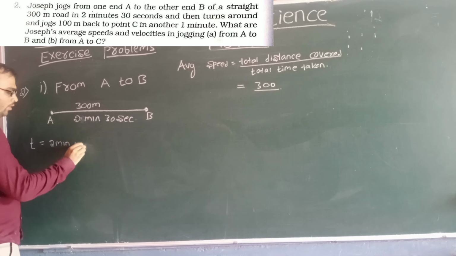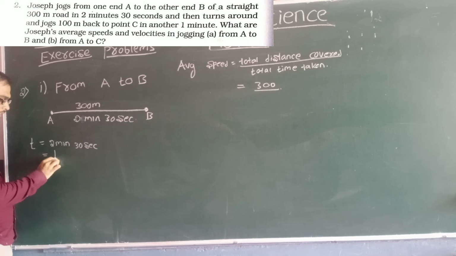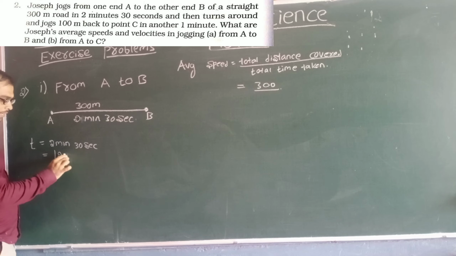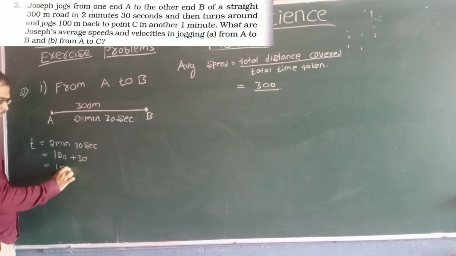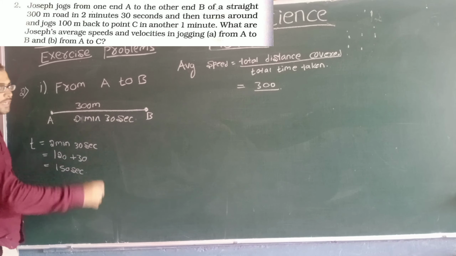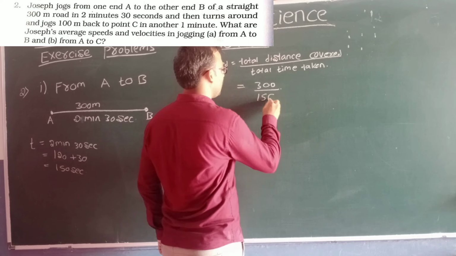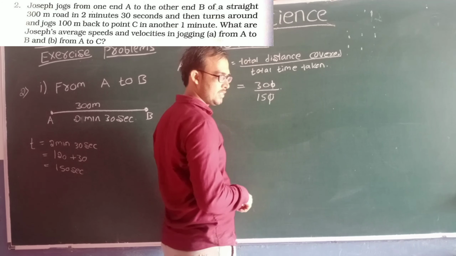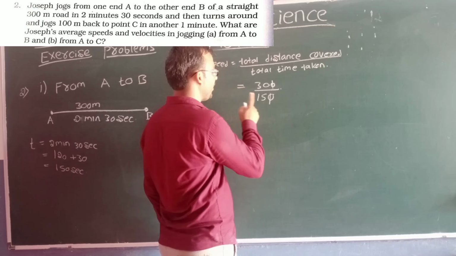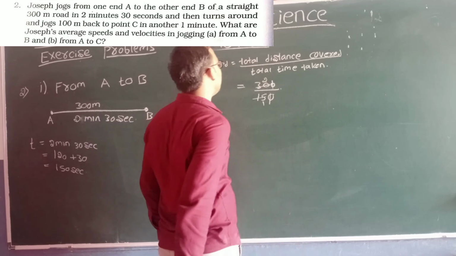We need to convert this into seconds. 2 minutes is 120 seconds, and this is 30 seconds, so it will be 150 seconds. Now 300 by 150, the 0 gets cancelled. 15 ones are 15, 15 twos are 30.